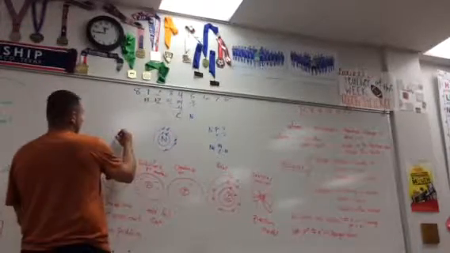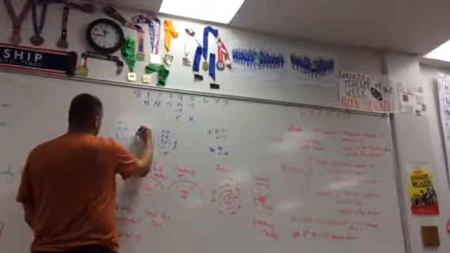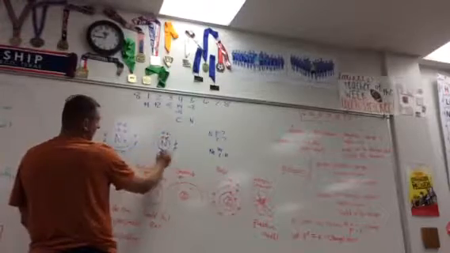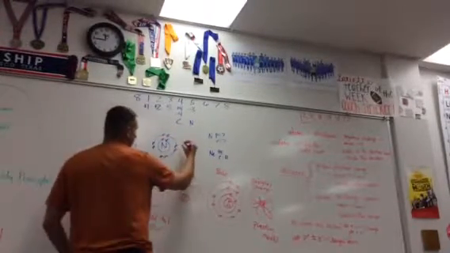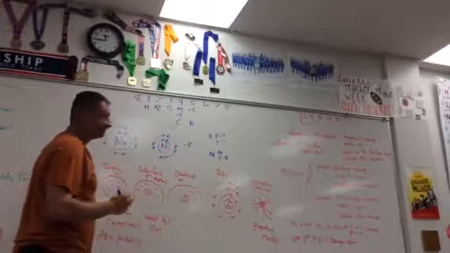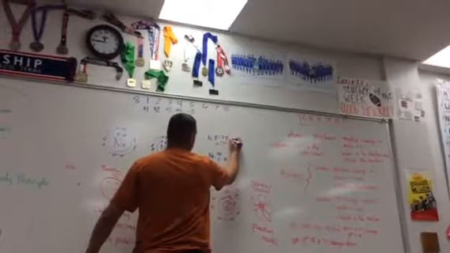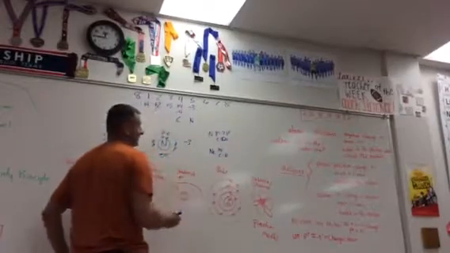It wants to look like neon. Neon has 2 in its first and 8 in its second. So for nitrogen to look like that, it has to gain 1, 2, 3. If it gains 3, then it's going to have a -3 charge, right? Because now it has 7 protons and 10 electrons, giving it a -3.